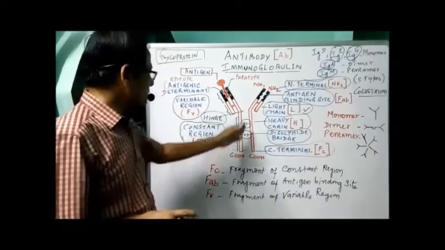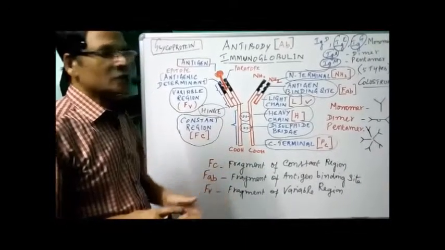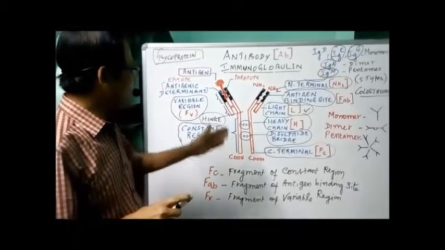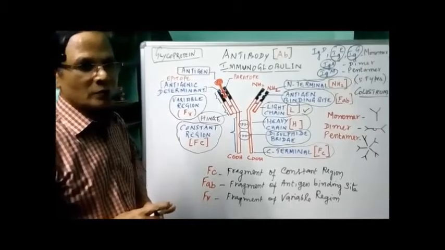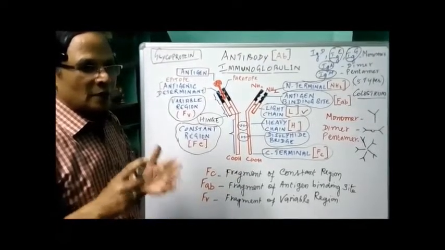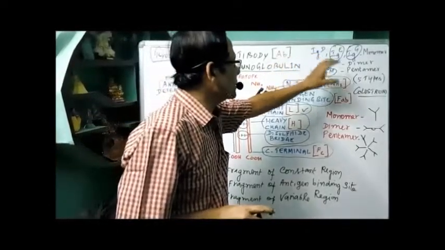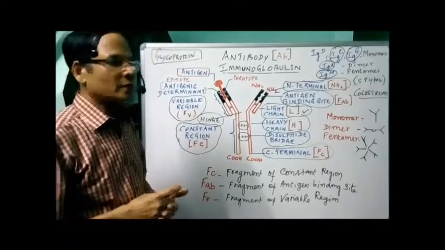Now what about this C region? The C region forms a long stem of the antibody molecule, which determines the antibody class. The antibody class means the 5 types of antibody class, which differ in their number of amino acids.